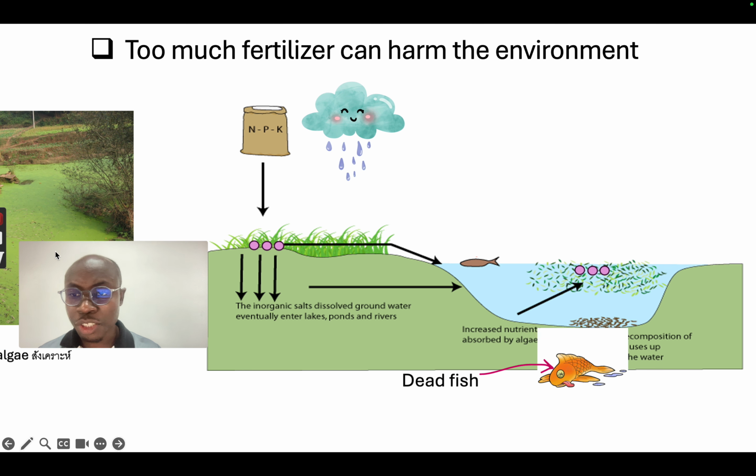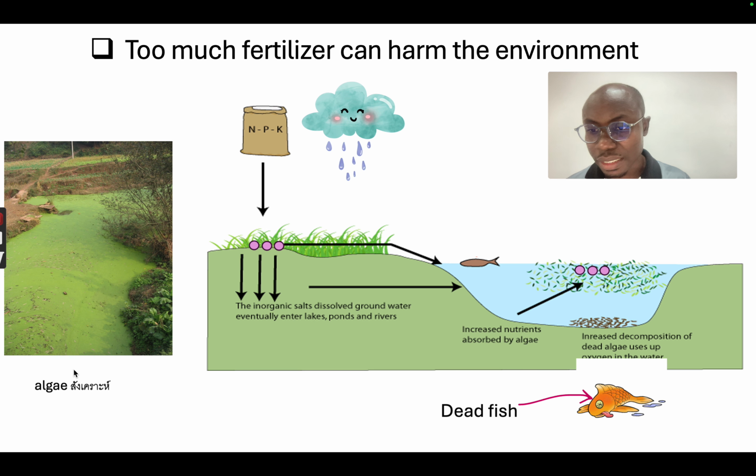And the algae, this is algae, the algae in the river will eat the fertilizer and make more algae.